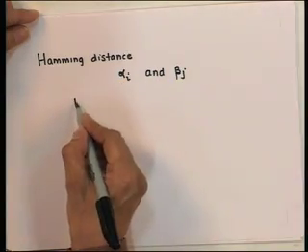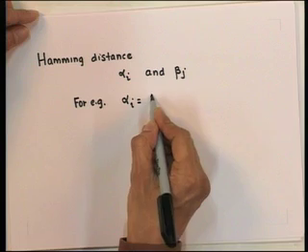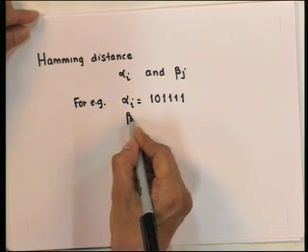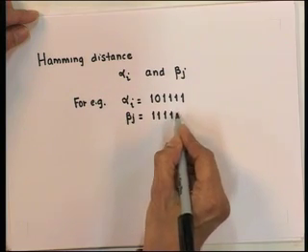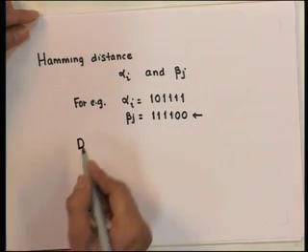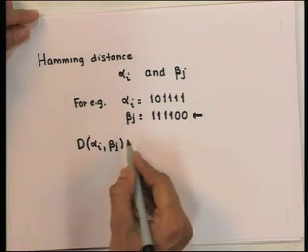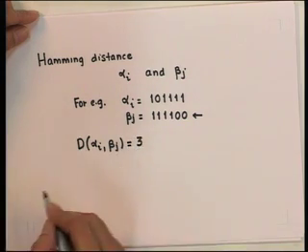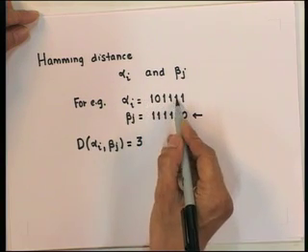For example, if alpha i is equal to 101 and beta j is equal to 111, then the Hamming distance denoted by d between alpha i and beta j is equal to 1, because alpha i and beta j differ in 1 place.